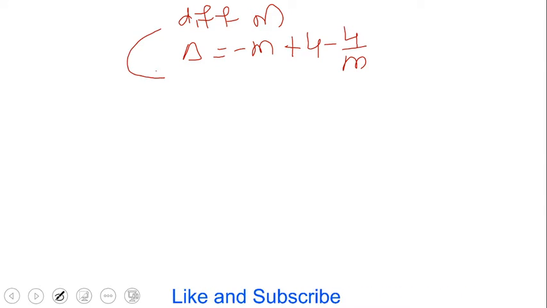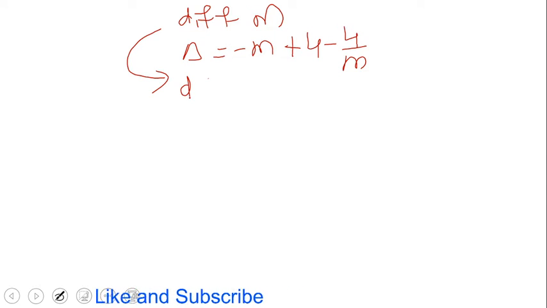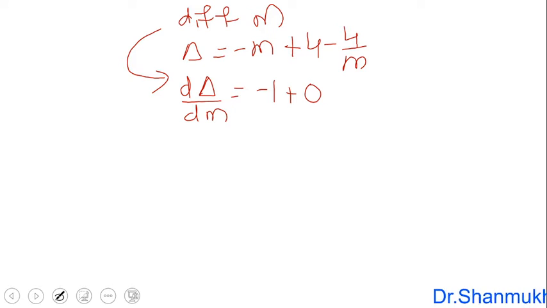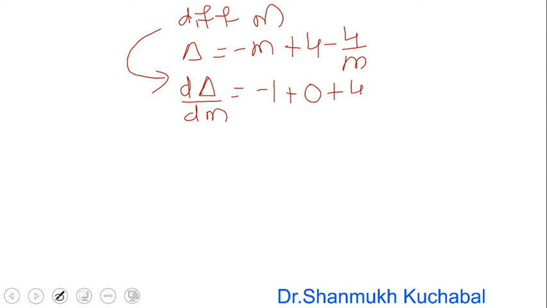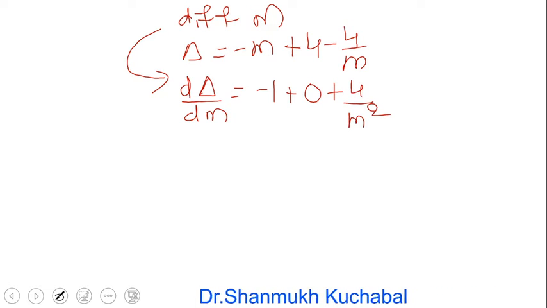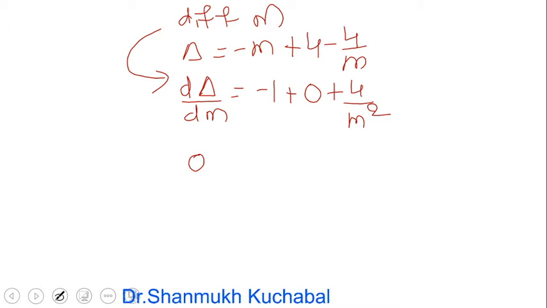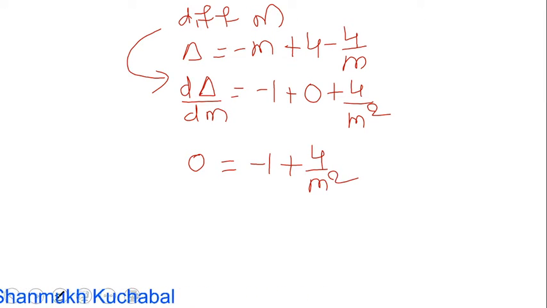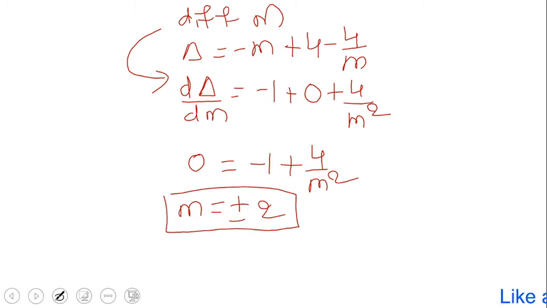Now we find the differentiation. d delta divided by dm: m differentiates to 1, the constant differentiates to 0, and 1 by m differentiates to minus 1 by m square, so minus into minus gives plus 4 by m square. Then minus 1 plus 4 by m square equals 0. So we simplify, and m we get as plus or minus 2. This is the simplification for m.